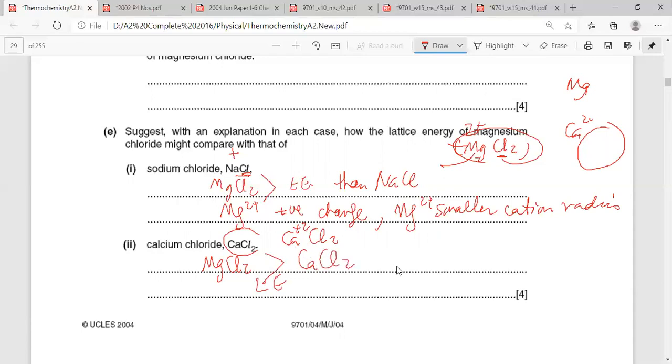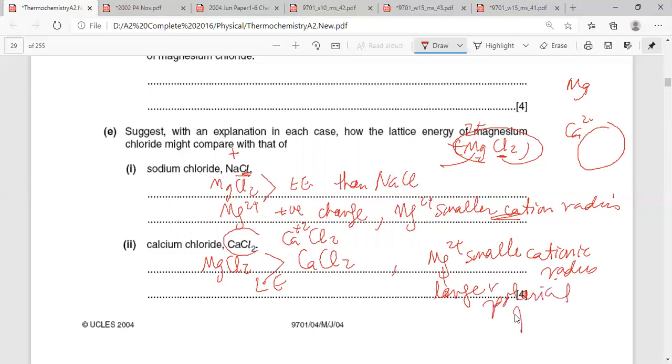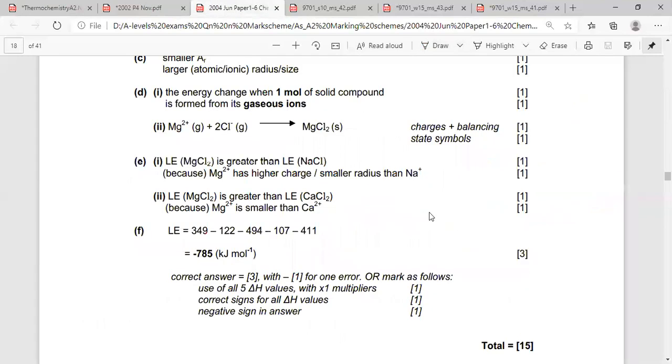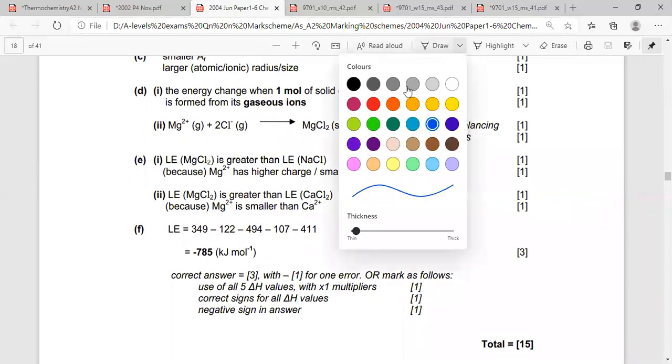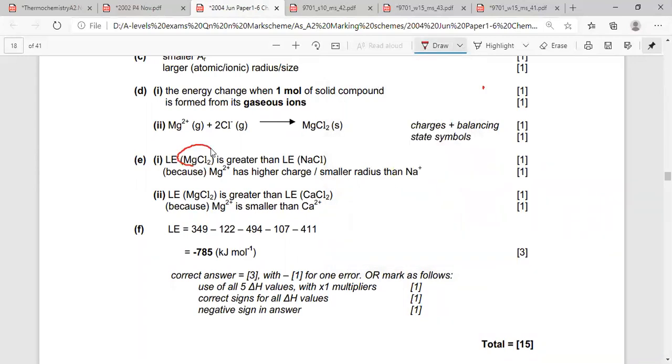Why? Because Mg2 plus has a smaller cationic radius, or larger polarizing power. Look at the marking scheme here. MgCl2 is greater than NaCl.